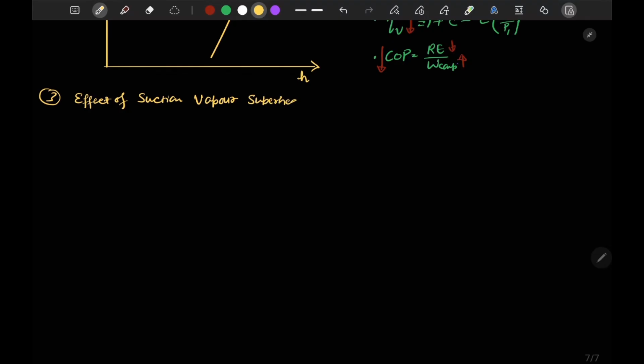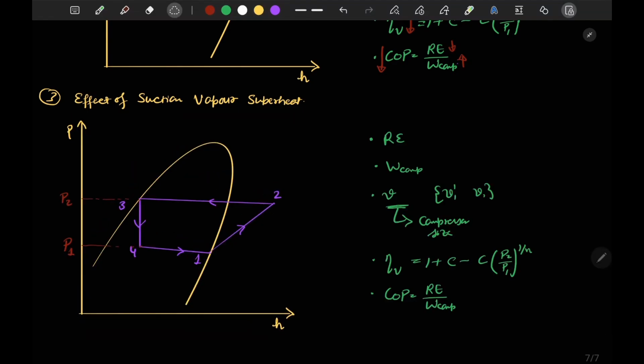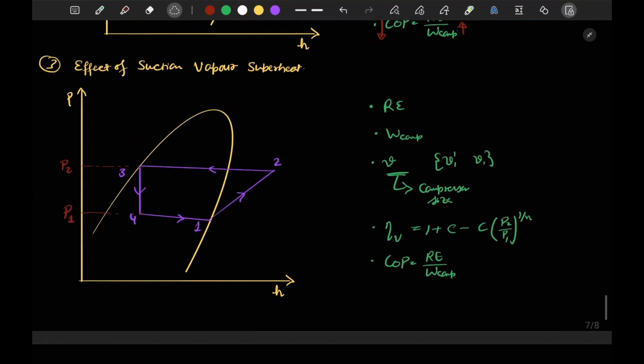So before the compressor, if our system is superheated, we will see this effect here. This was our original pH curve. In this original pH curve, we have increased our suction vapor superheating. We have superheated our suction vapor.